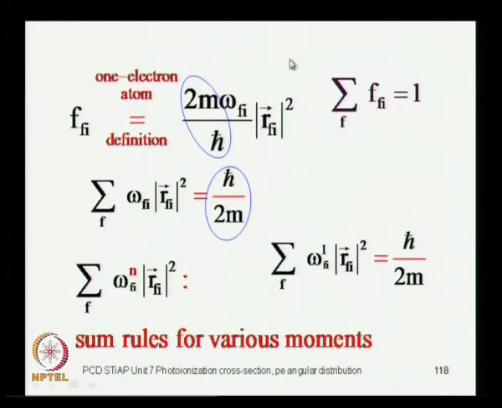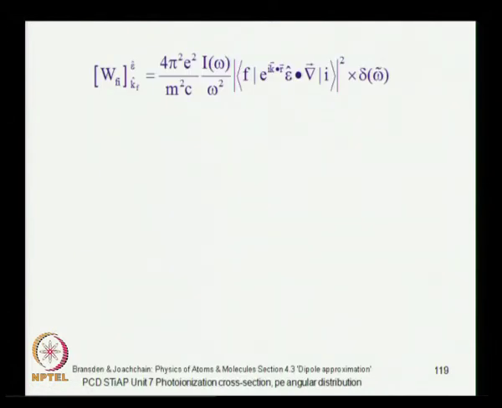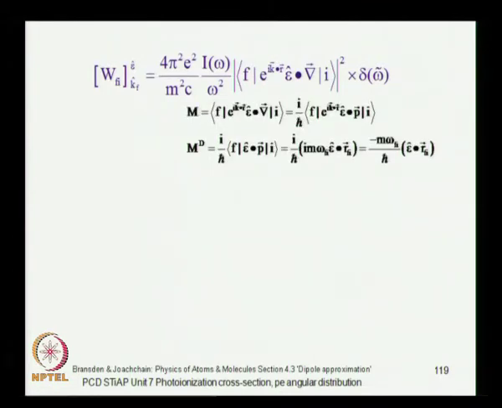So we have got only the first one, which is the Thomas-Reiche-Kuhn sum rule, but there are other sum rules for other moments. So these are called moments of the frequency. So for omega to the power 1 is what we have considered, but there are higher powers also that can be considered.